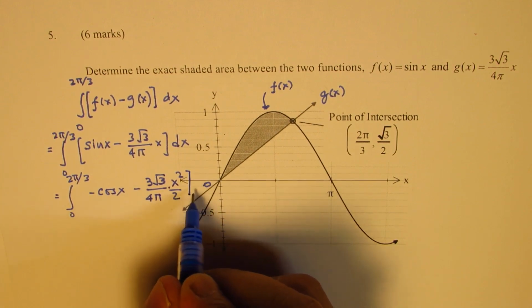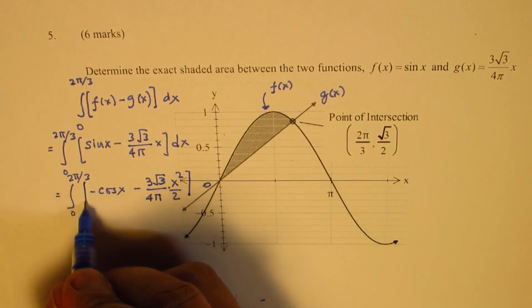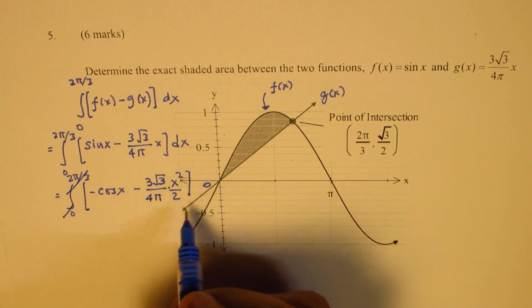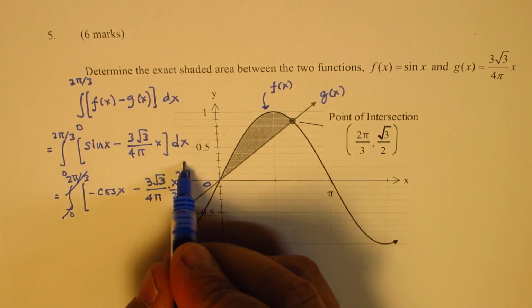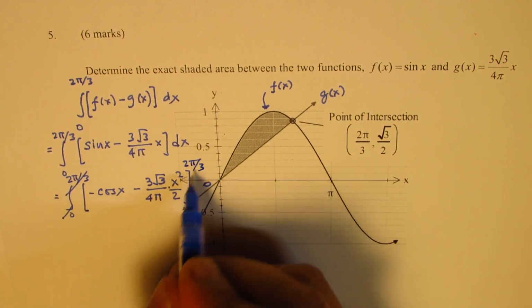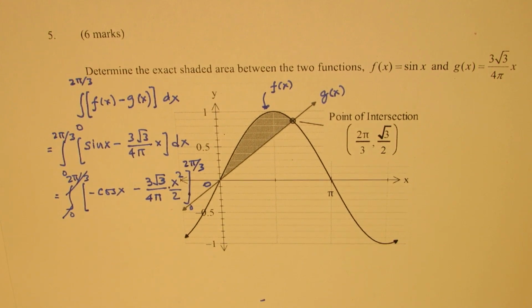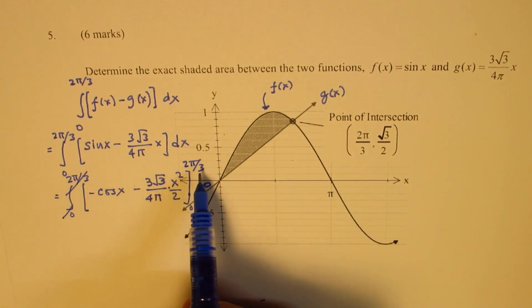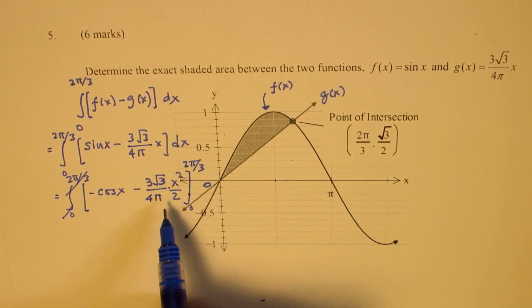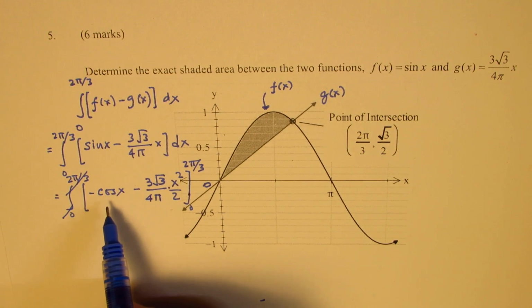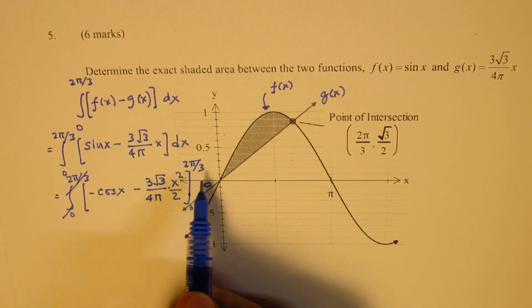So we actually wrote the integral, from 0 to 2 pi by 3. That is what our answer is going to be. We need to now evaluate the value. So we'll just plug in 2 pi by 3 here and then find the solution.